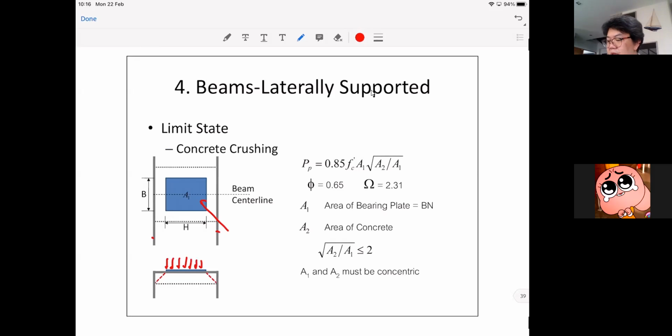the stress will be distributed down below in the concrete. So let's say the area of the plate here is A1.